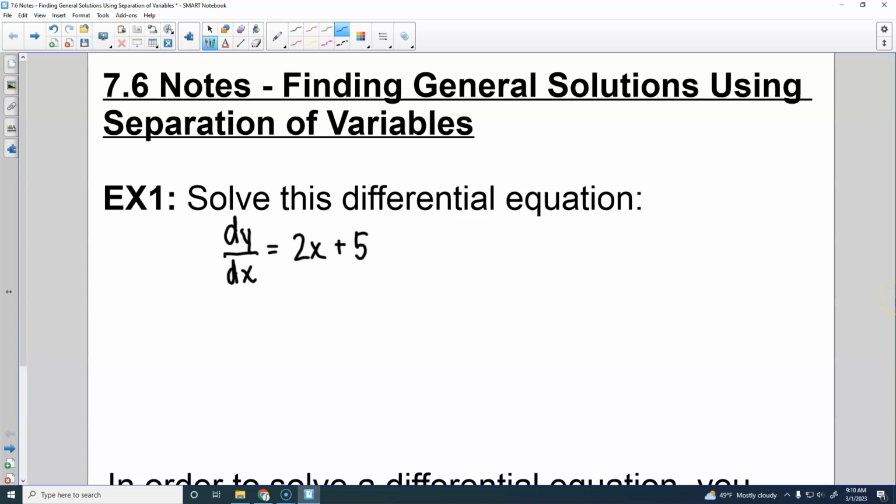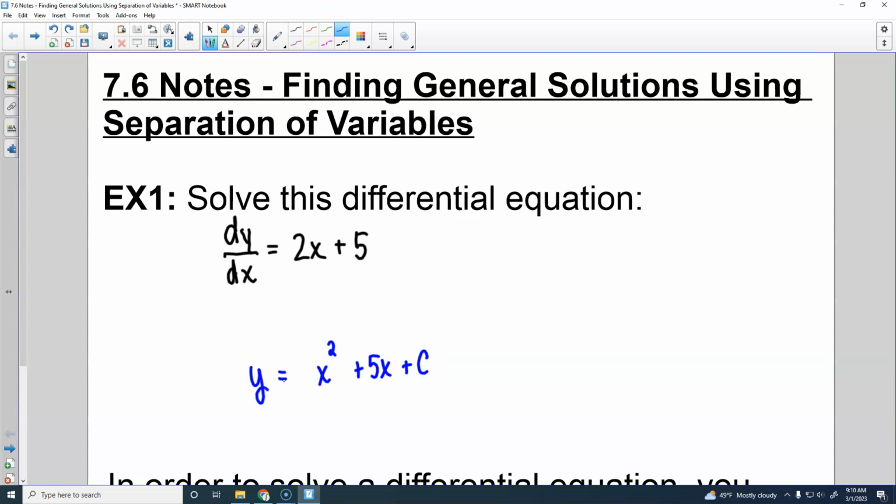You've already been solving some differential equations. And probably if you saw this, what you probably did is you just went ahead and raised the exponent by 1, that's x squared, divided out front by 2, which just gives you a 1, plus 5x plus c. And then we'll have y equals right there.